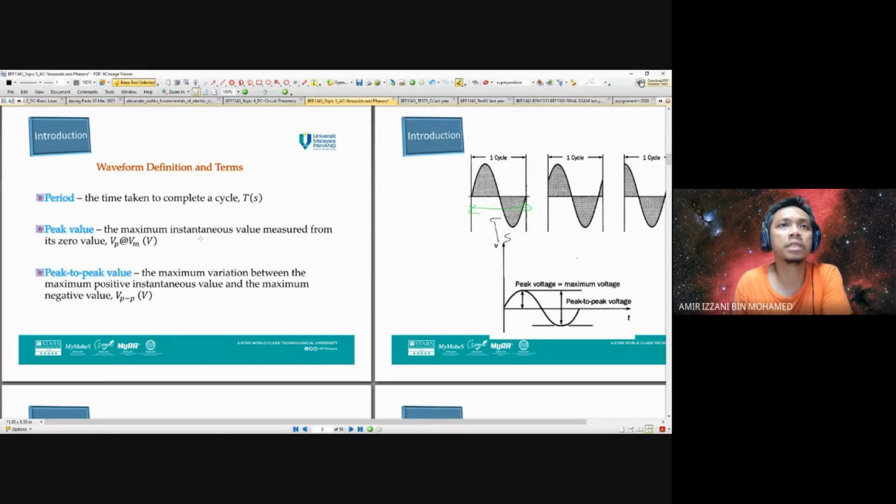Peak value is the maximum instantaneous value measured from 0 to maximum, so this is peak value, VP. Peak to peak is the maximum variation between the maximum positive instantaneous value and the maximum negative, from positive to negative.